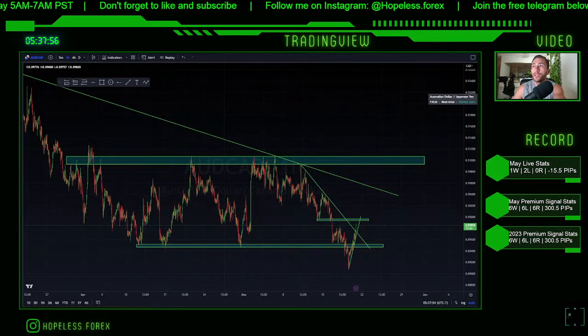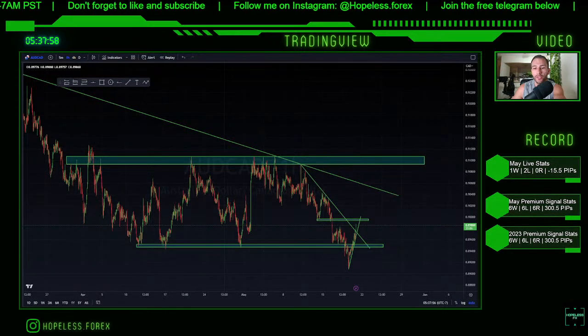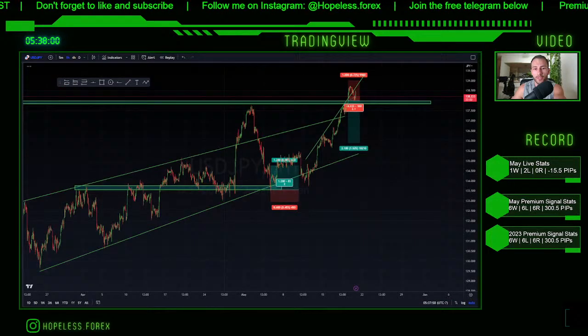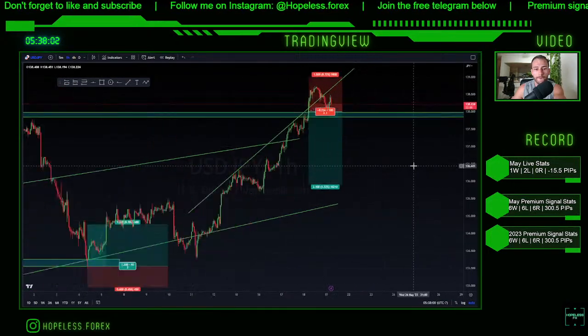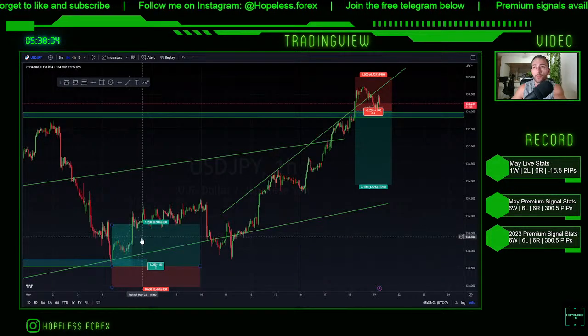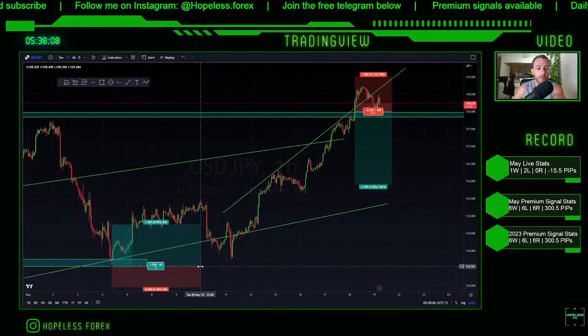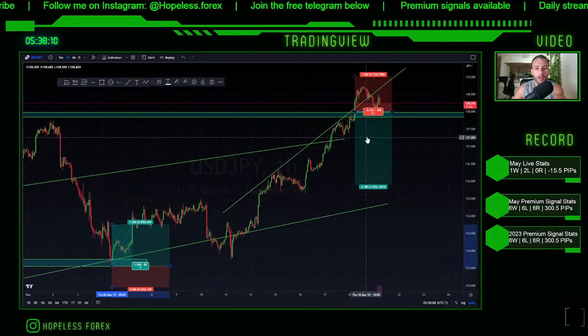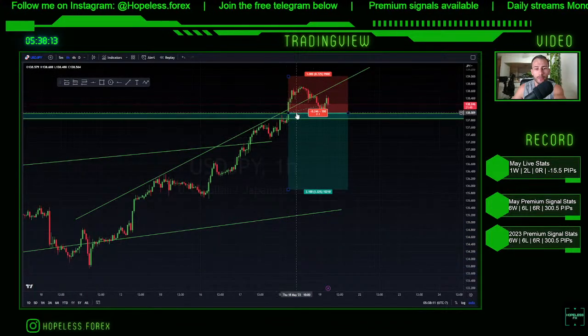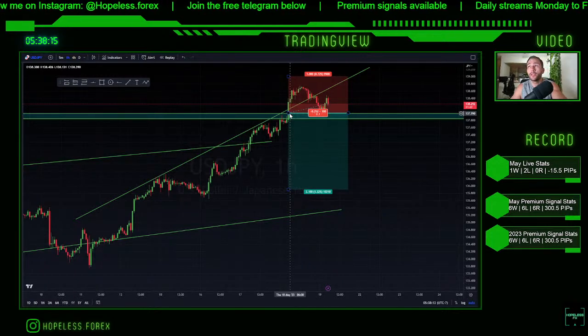Do we want to go into the trade? Yeah, so we're currently in a trade. We're in USDJPY. This was a previous trade from last week that ended up hitting the 2-hour profit. This is a current trade we're in from yesterday's stream.